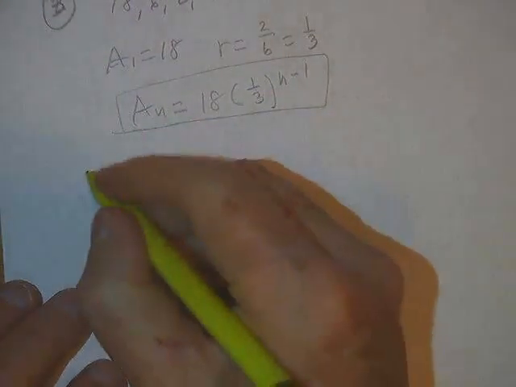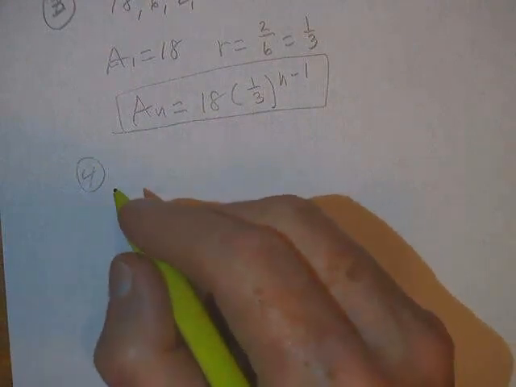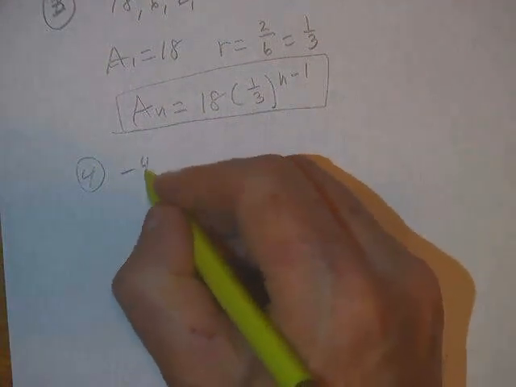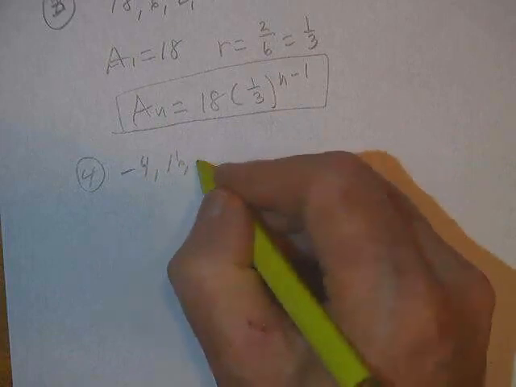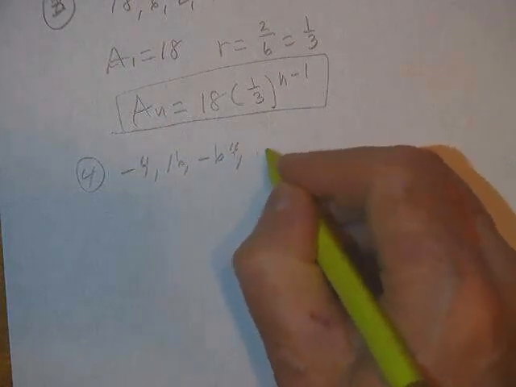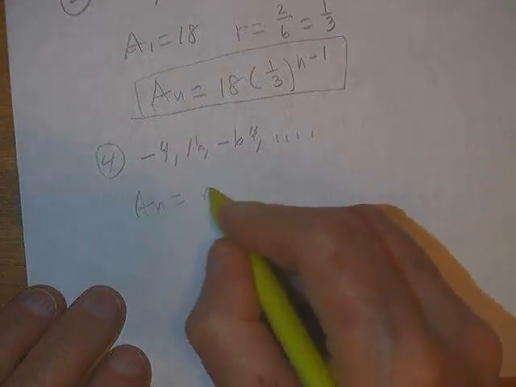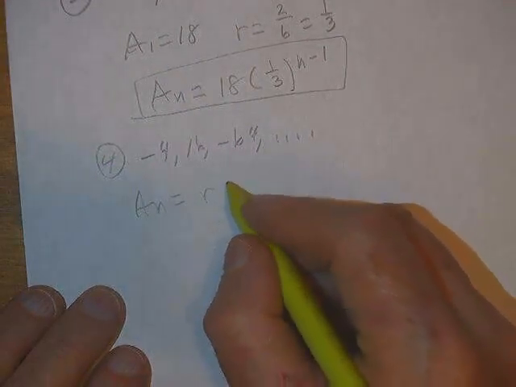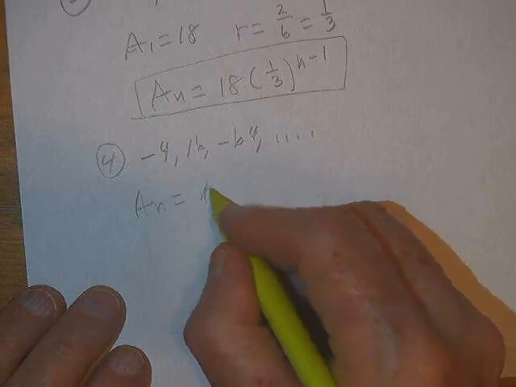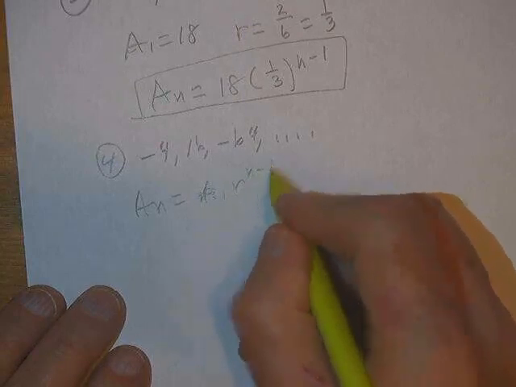Moving right along, let's get another one or two on here. How about number 4? Negative 4, 16, negative 64, and so on. I'm going to be using this formula again: a1 times r to the n minus 1.